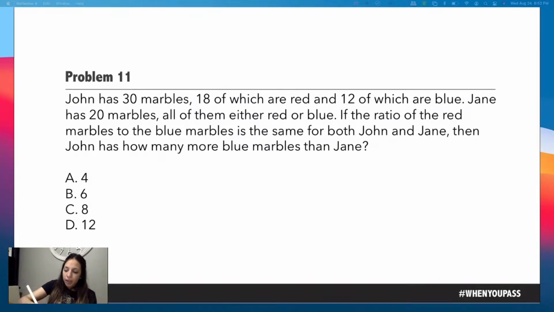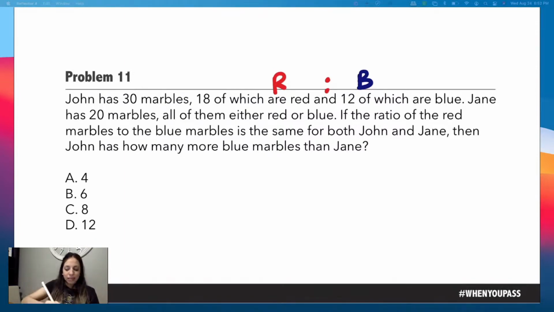So we know we have red marbles to blue marbles, 18 to 12. But we do not know how many red or blue Jane has.